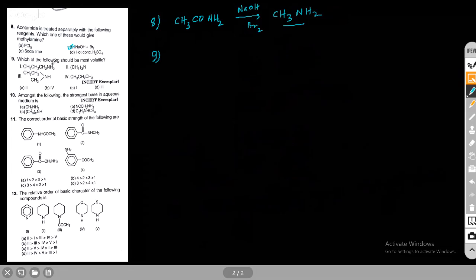Fine. So you can easily differentiate tertiary amine from primary and secondary. But what about tertiary amine and hydrocarbon? The second and fourth one I'm talking about.